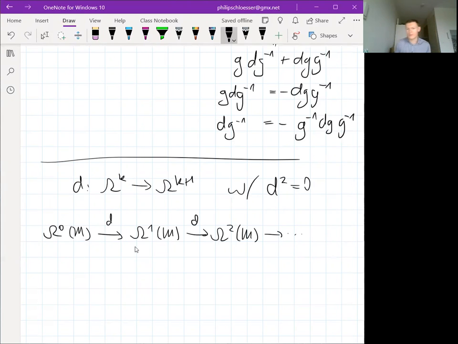And so that really looks like a cochain complex. And indeed, it is a cochain complex of R vector spaces, called the de Rham complex.